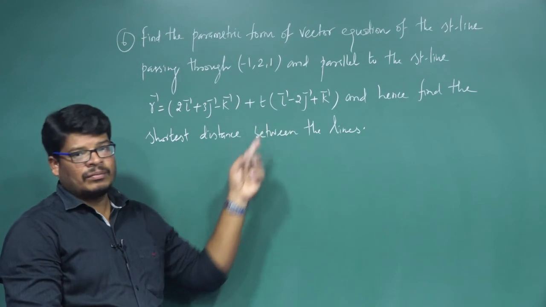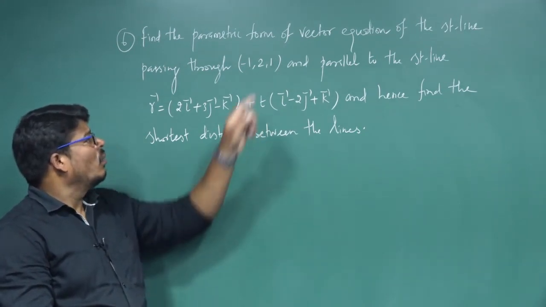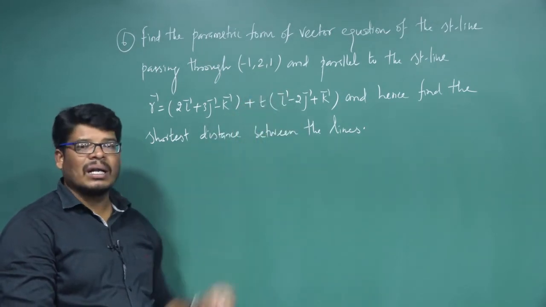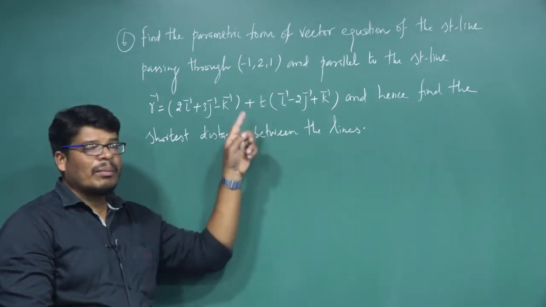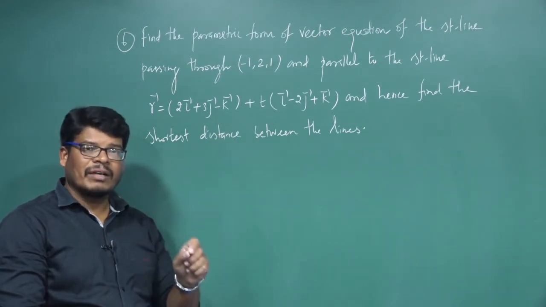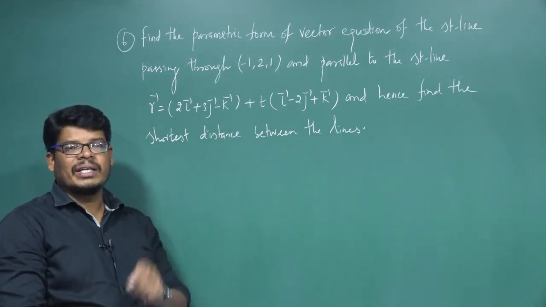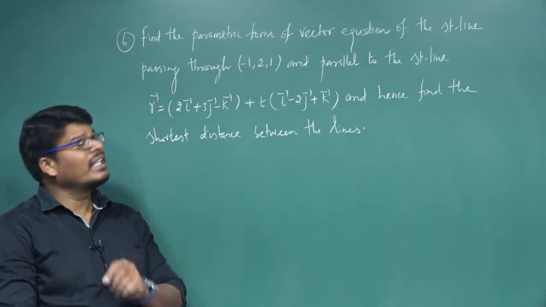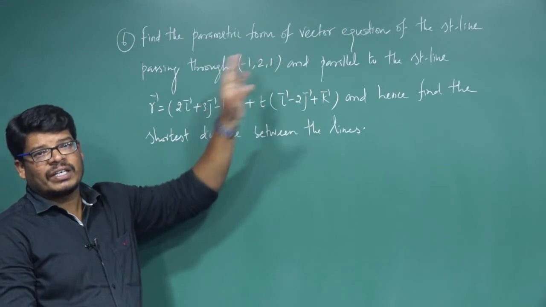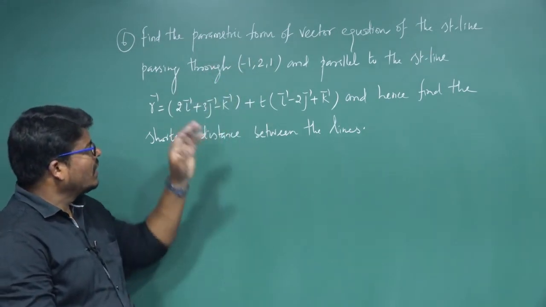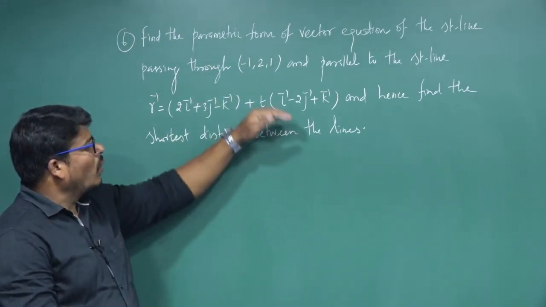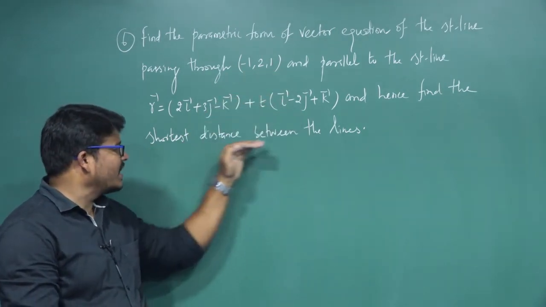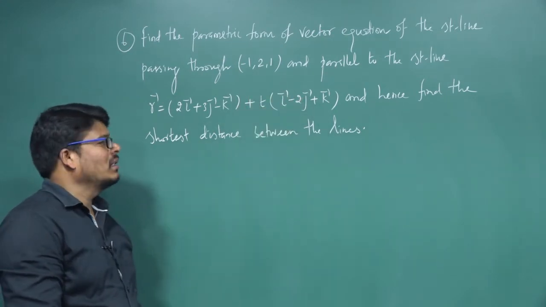Given one point and one parallel, the parametric form of the vector equation is r vector equal to A vector plus s of B vector. The next one: two lines are parallel. Next, find the shortest distance between the parallel lines.